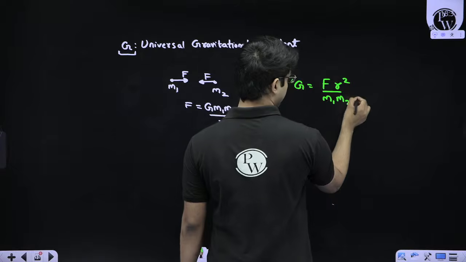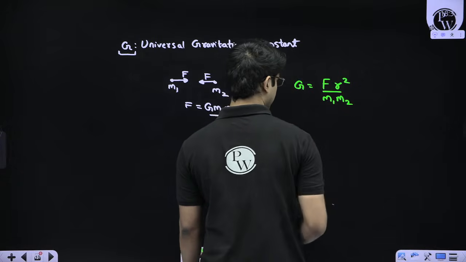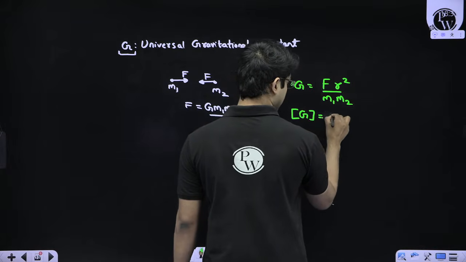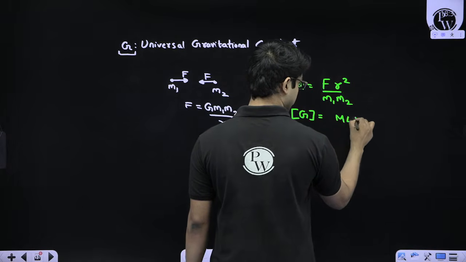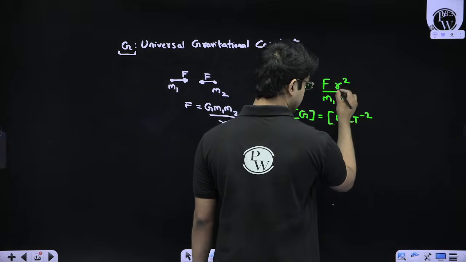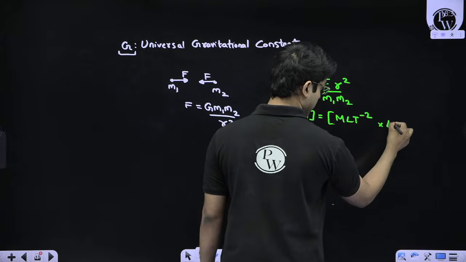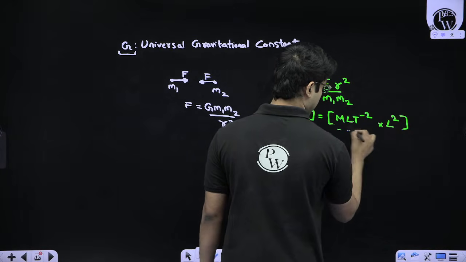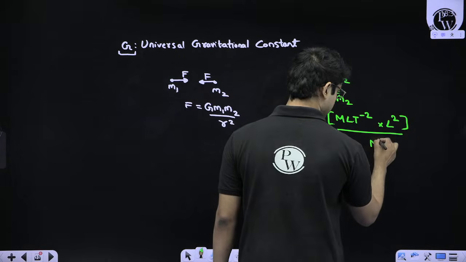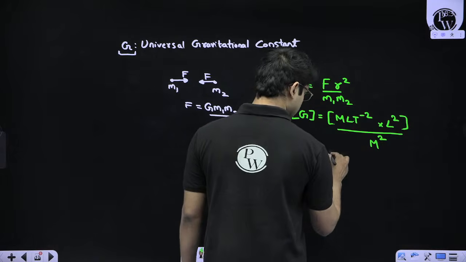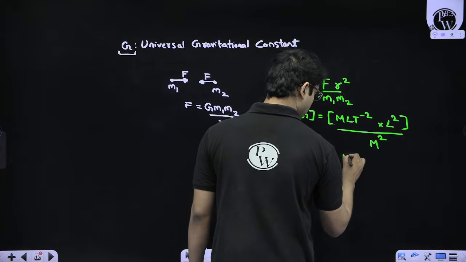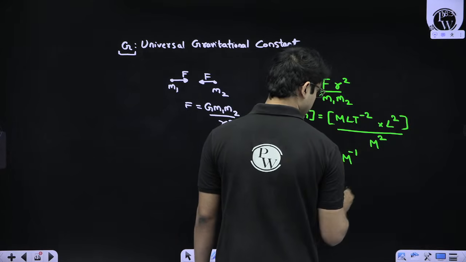Now we have derived the dimension of all these quantities, so we can easily derive the dimension of G. The dimension of force was mass into acceleration, m L t minus 2. r is a distance, so r square will be length square. m1 and m2 are masses, so we can write it as m square. So this becomes m, with power 1 in the numerator and 2 in the denominator, so the overall power is 1 minus 2, which is minus 1.